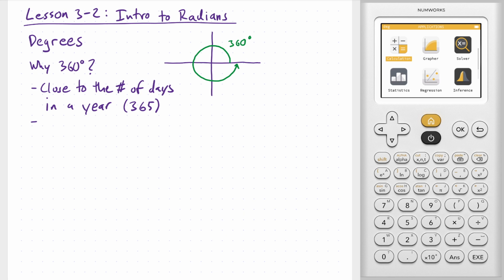Another reason why 360 probably became what seemed advantageous is that 360 has lots and lots of factors. Okay, you can go ahead and try to list all the factors in 360. I'll give the first few.